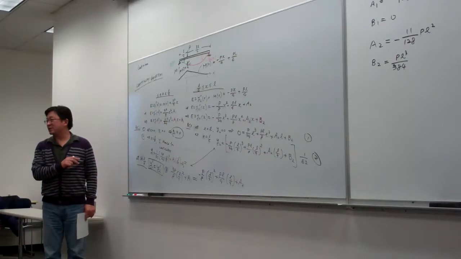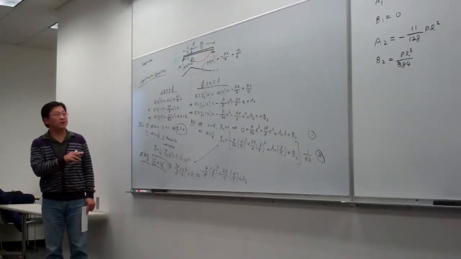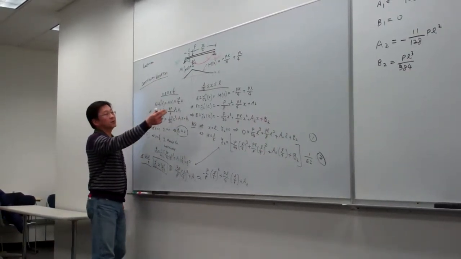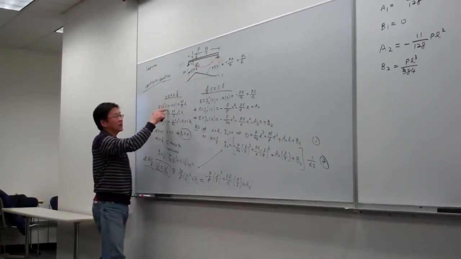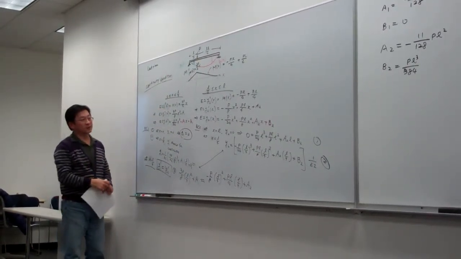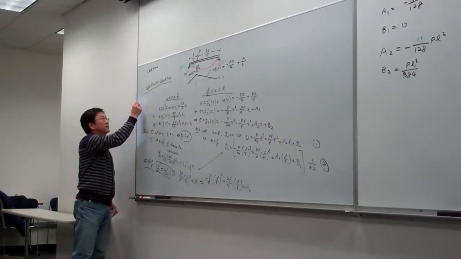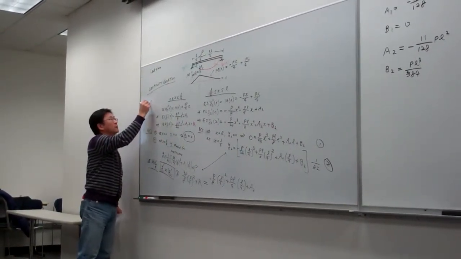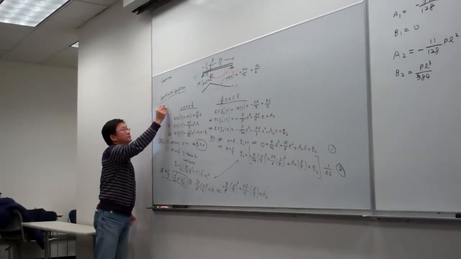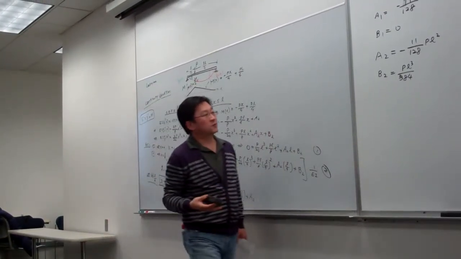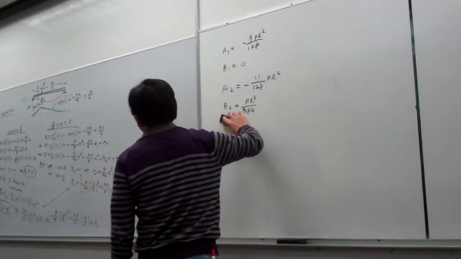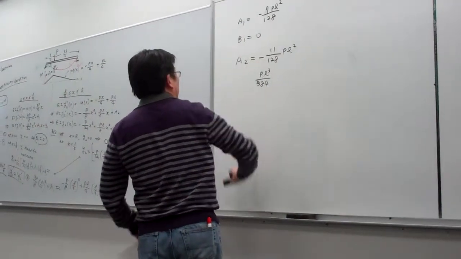So this is a very typical solution process. For any kind of beam, as long as you can figure out the equations describing M of x, you simply plug into the equation EI y double prime equal to M. If there are no questions, then let me proceed to the next topic.